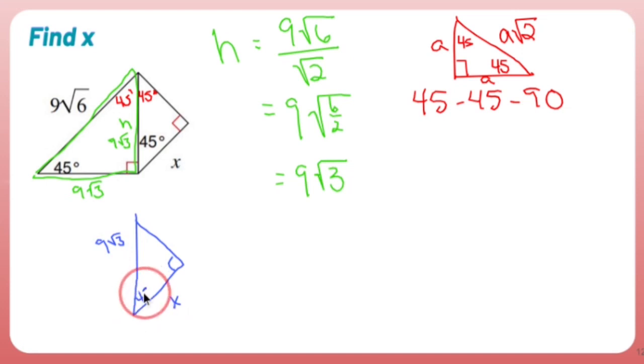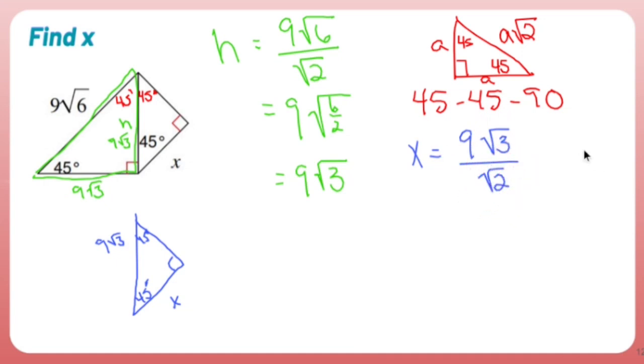You're 45 degrees, you're 45 degrees. I'm given a hypotenuse of 9 root 3. This is a 45, 45, 90. I know that if I was given a hypotenuse and I have to find the leg, I divide by root 2 again. So x is going to be 9 root 3 divided by root 2.